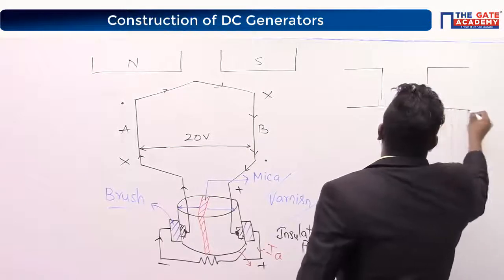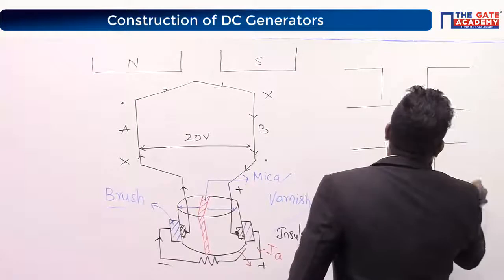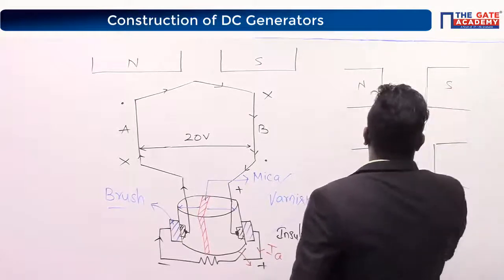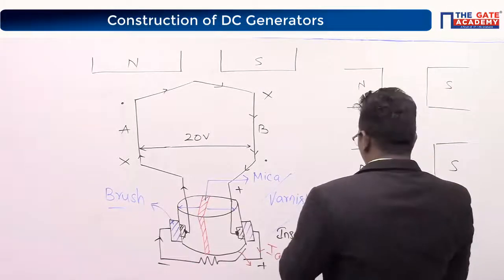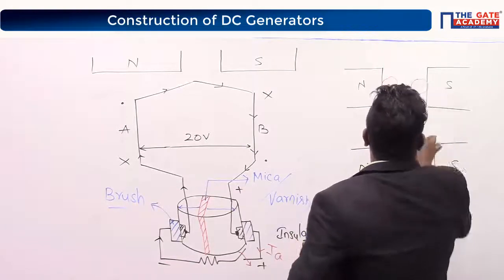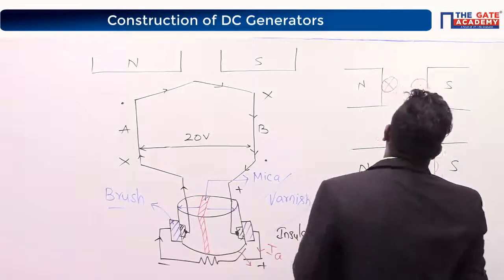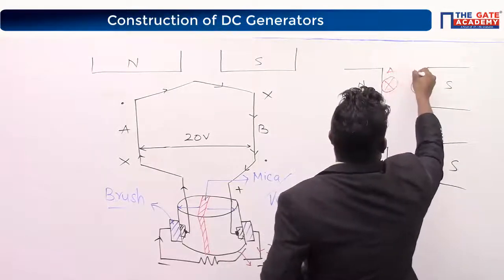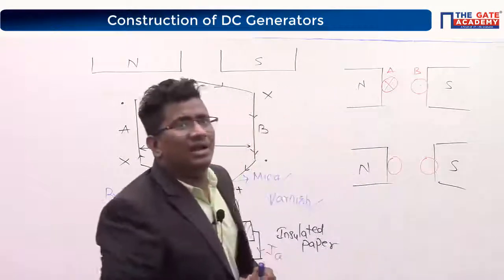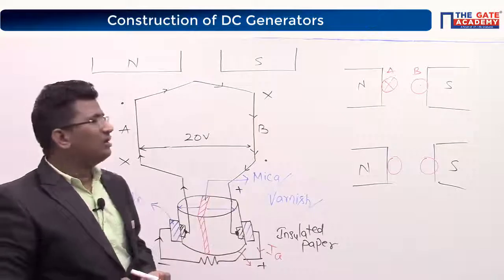I want to represent this in a short manner, like this. Let me take this as north pole, this as south pole, this as north pole, this as south pole. Conductors are there. This is conductor A, this is conductor B. Under the north pole we have conductor A, under the south pole we have conductor B, right?